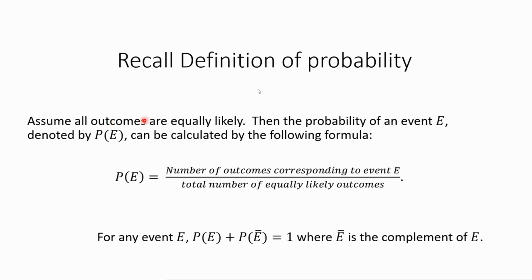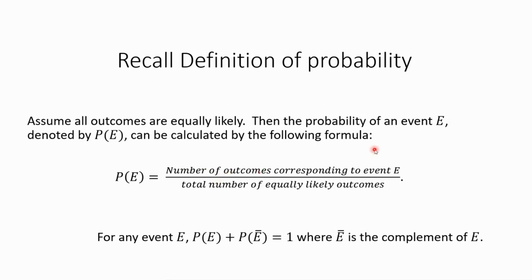Then, for any event E, remember, an event is a sub-collection of outcomes. The sample space, remember, is the collection of all outcomes. Now, the probability of event E, which is denoted by this, is equal to the number of outcomes corresponding to event E divided by the total number of equally likely outcomes.